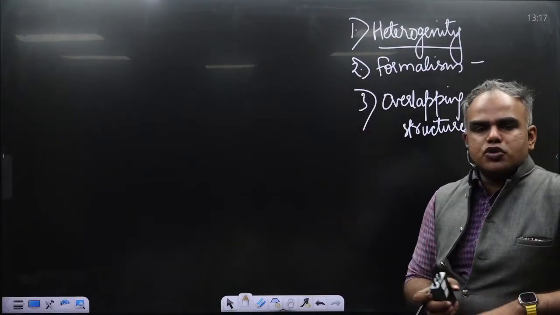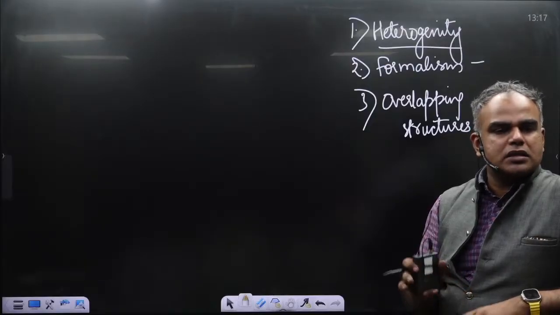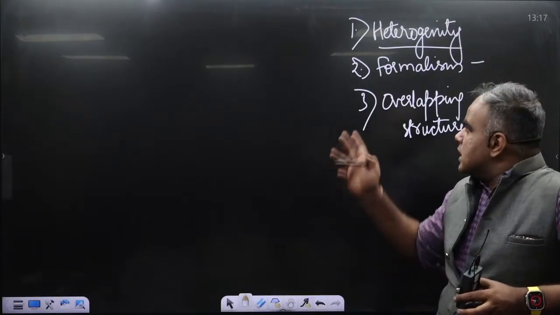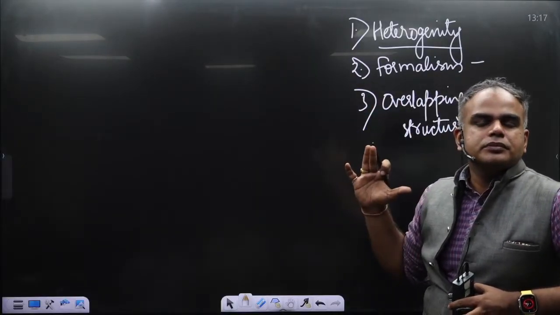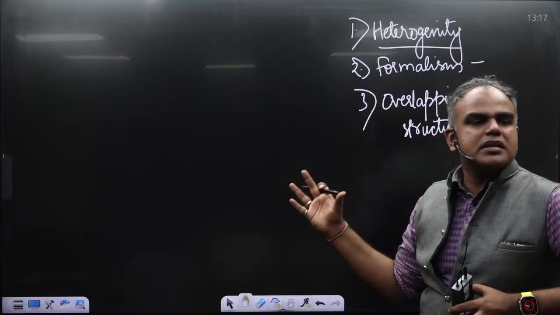So whenever you get a question, what are the challenges the post-colonial state faces? Instead of directly writing them, write the Riggs model and then explain this. You also have Gunnar Myrdal, who explains the same thing.